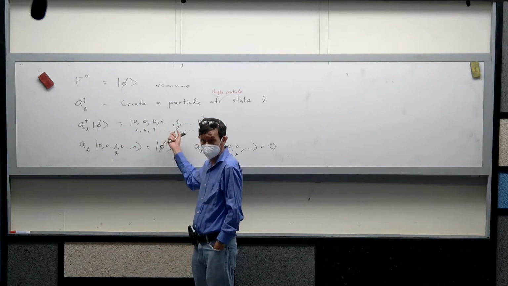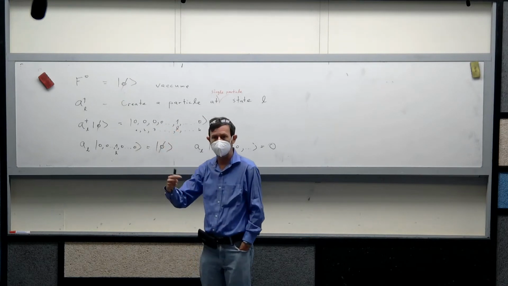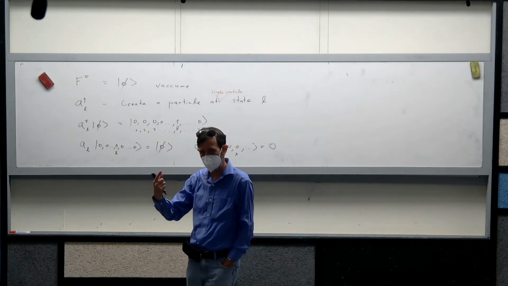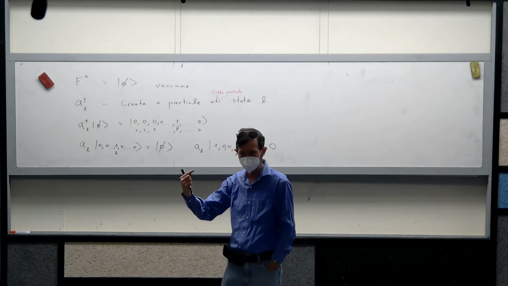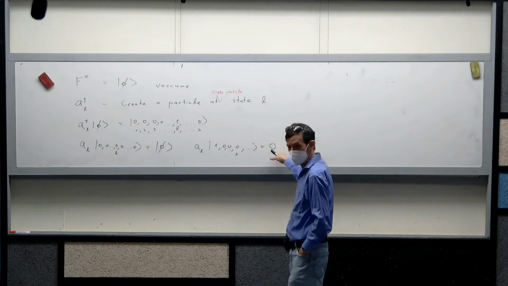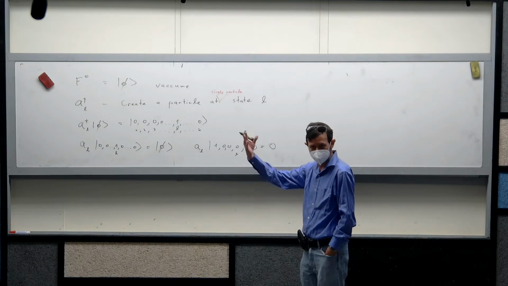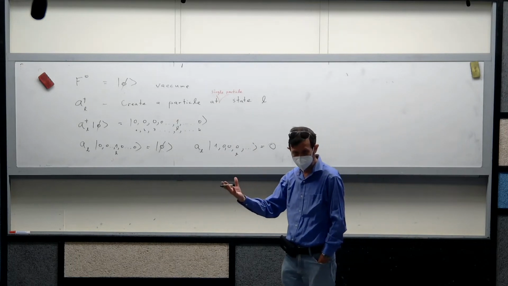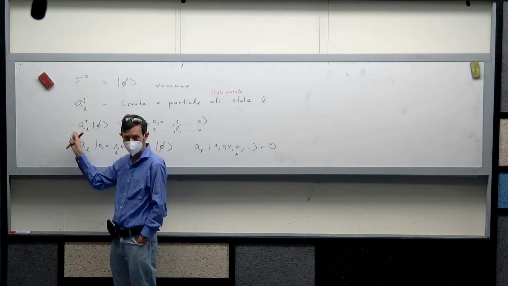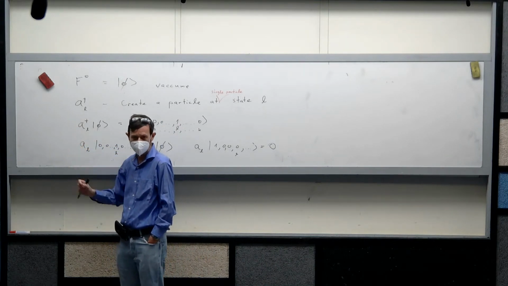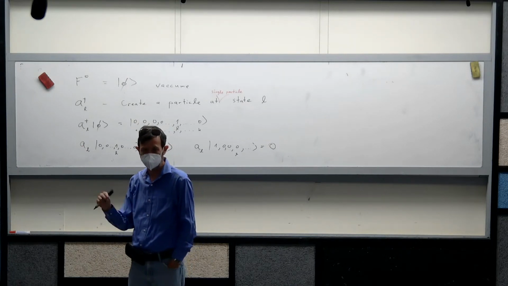For example, for fermions, if I'm trying to create a particle in a state that already has a particle in it, it will lead to 0. While for bosons, everything is fine. I'll just get the state with n plus 1.